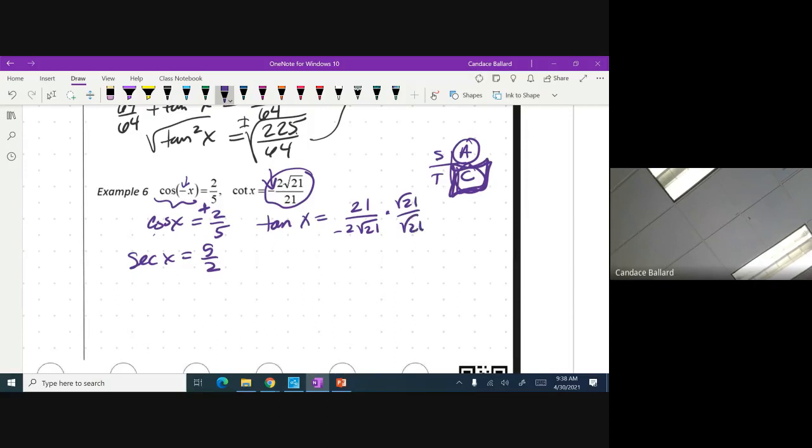So I'm going to rationalize it, maybe it will make it look a little bit better. So let's see, 21 square root of 21 over -2 times square root of 21 times square root of 21 would just be 21. And then you'll hopefully notice that these cancel and we get negative square root of 21 over 2, which looks better than it did originally when we flipped it, right?